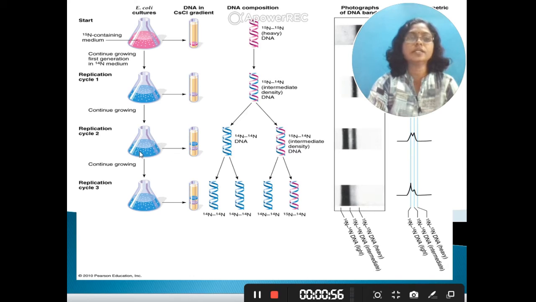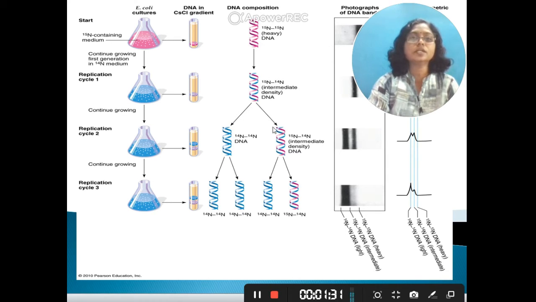Again, he conducted replication cycle 3, and after taking a few bacterial cells from replication cycle 2 and growing them in N14 medium, they observed that the DNA segregated from the two newly synthesized N14 DNA, and both the daughter cells had N14 double helix structure.